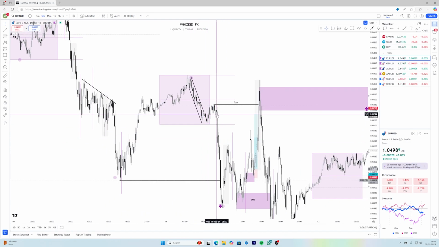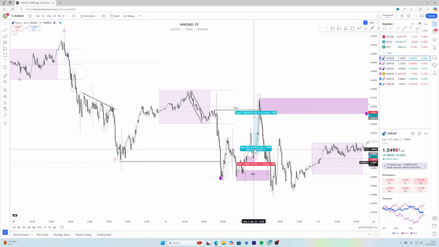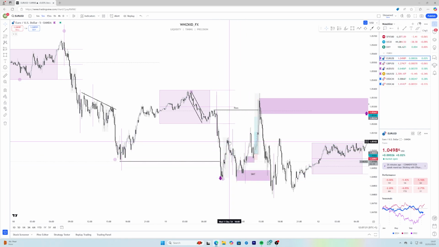And we can see exactly at 8 a.m. Frankfurt open we had a boom to the downside, at the same time a clear inducement to the upside, to the downside, right? This was very clear. So that's how I took the first long trade on EU, right?